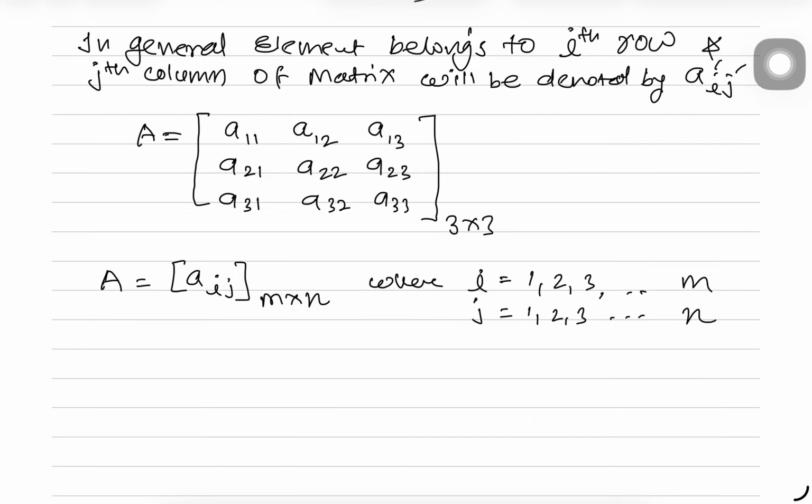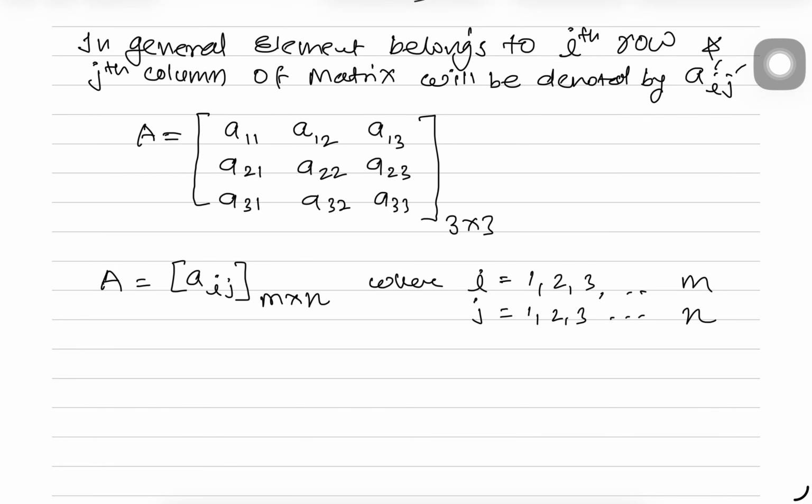This is for the presentation purpose. You can extend the rows to 4 cross 4, 5 cross 5, 6 cross 6, but you have to study it in a higher division.